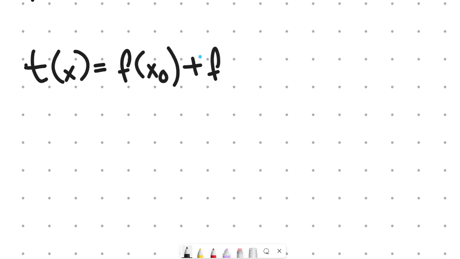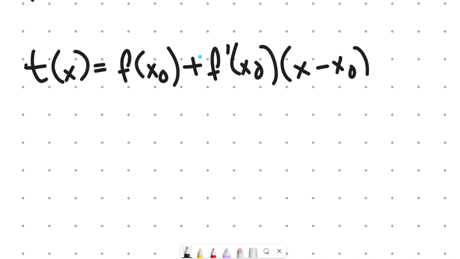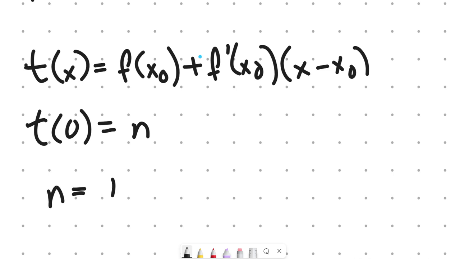The tangent line t of x is just going to be f of x naught plus f prime of x naught times x minus x naught. Now we have to take into consideration that if x is equal to 0, t of 0 we would get n. We plug in the zeros, so n is equal to f of x naught.